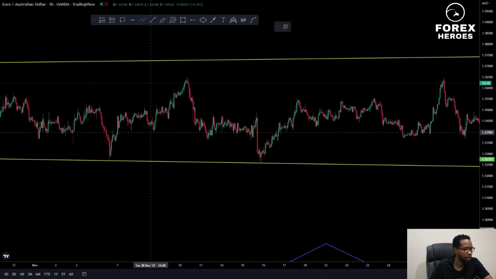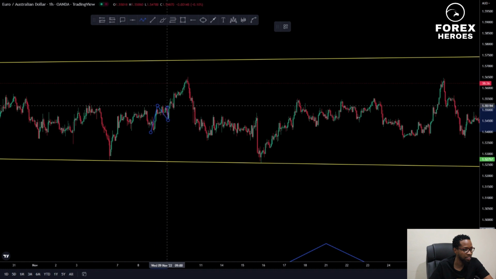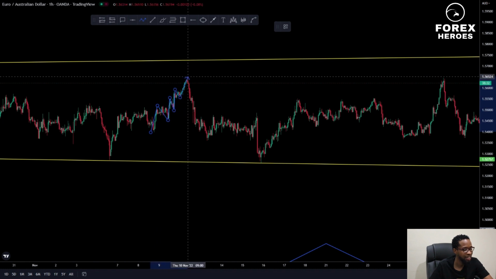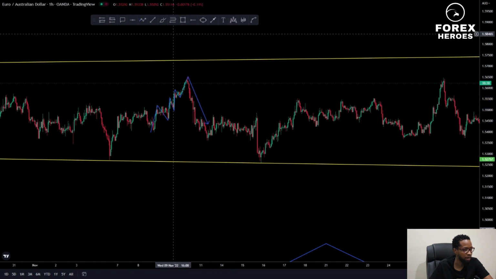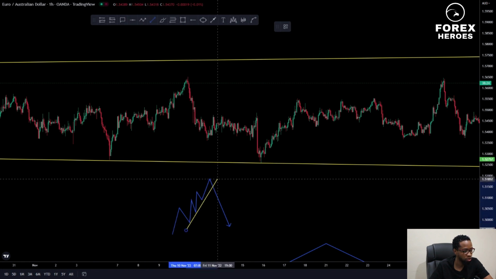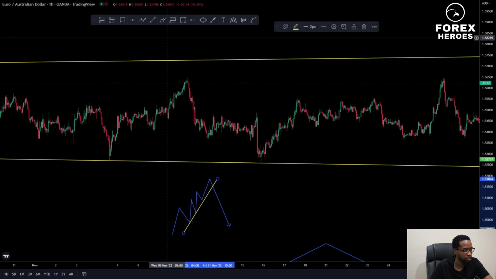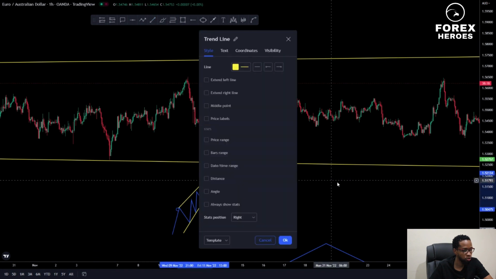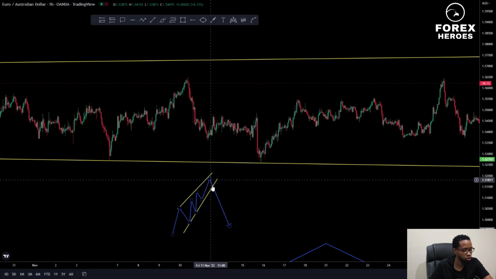So this one, I see it was having a what? A rising wedge. Look at what is this happening. It's squeezing the market before it breaks. So you see it's not much clear. So let me remove this and then I will show you. It's a rising wedge. You see, it's squeezing it to the upside, and we know that it's gonna break to the downside.